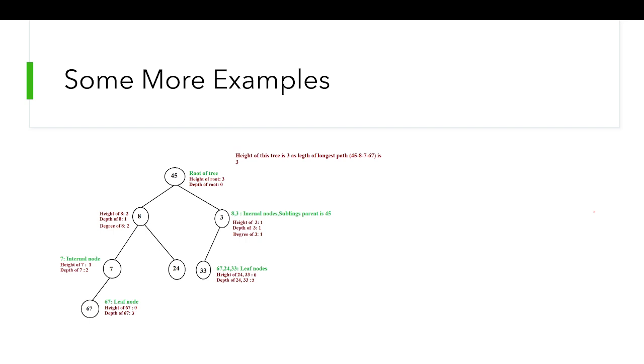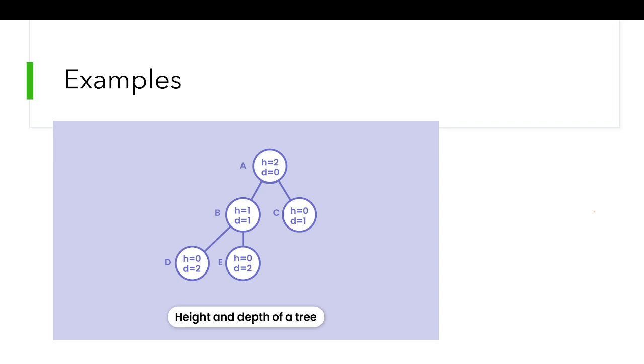These three terms play a very important role in understanding the tree data structure. Here is another example to understand more detail about height and depth.